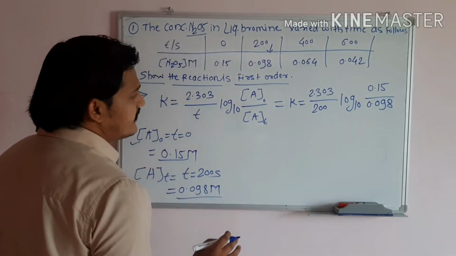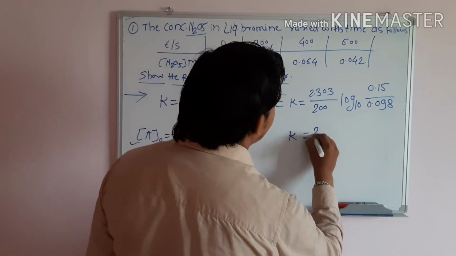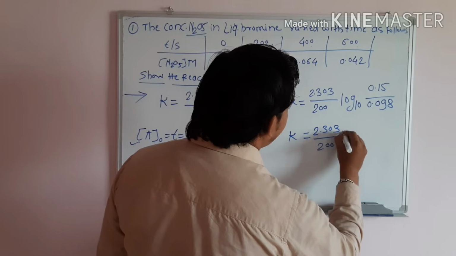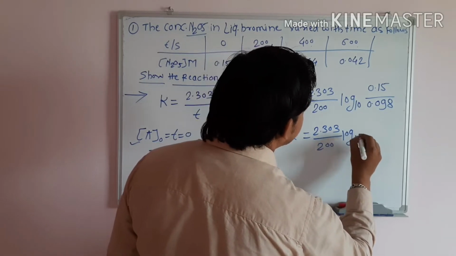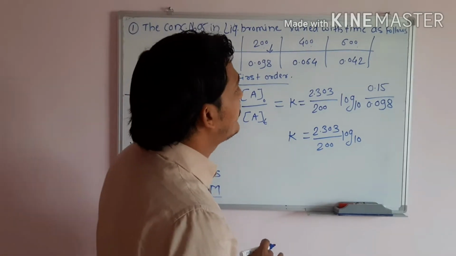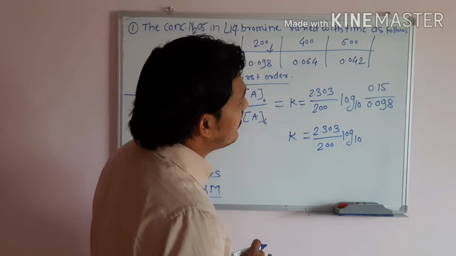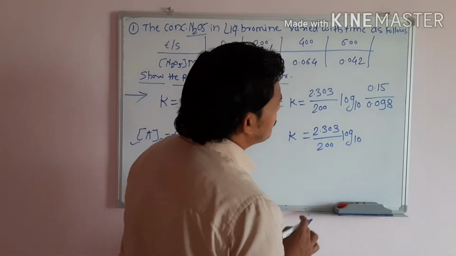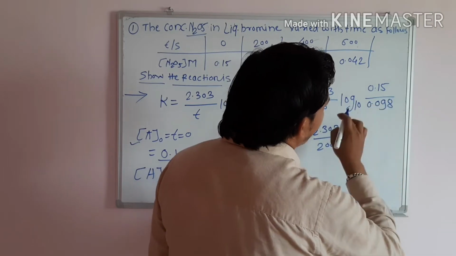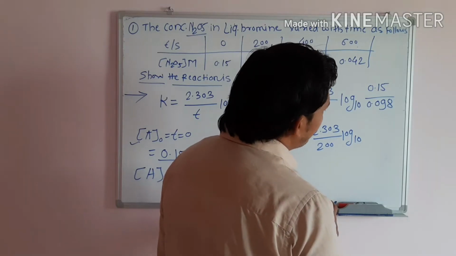If we solve this, K is equal to 2.303 divided by 200 log to the base 10 of 0.15 divided by 0.098, which is 15 upon 9.8 or 150 upon 98.